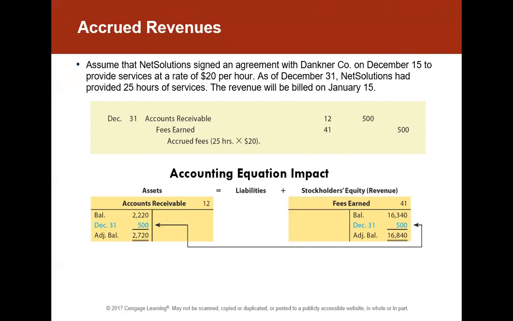Well, $20 per hour, 25 hours. We multiply, right? 25 hours at $20 an hour. We've earned $500 of revenue that we haven't yet recognized. So that is an accrued revenue. So we debit accounts receivable, just like we do here, and we credit fees earned, that revenue account.